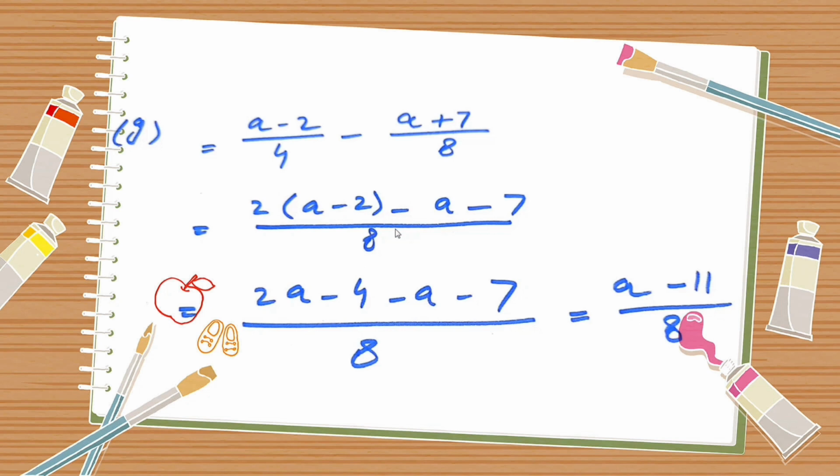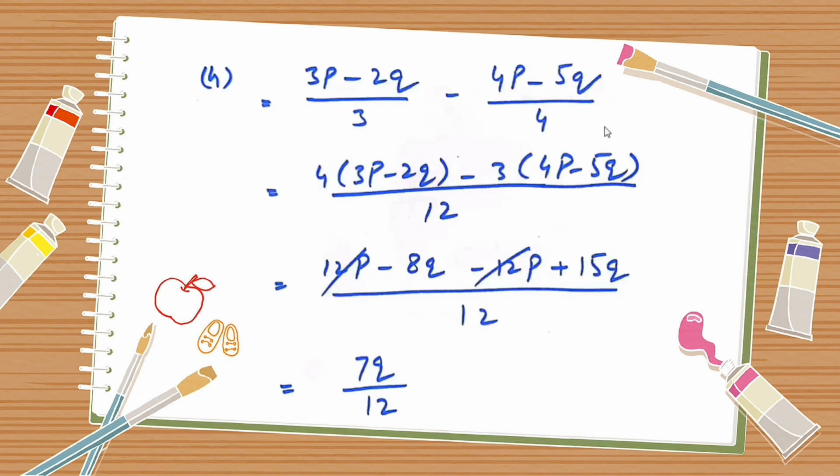So we don't have to do anything, and we will write a plus 7 over here, but this negative sign changes the sign of this a plus 7 to a minus 7. Next we have to multiply the 2 inside the numerator, like 2 is multiplied with this a, and then this 2 is multiplied with this 2 to get 4, and after simplifying them we have to add or subtract the similar type of variables. So 2a minus a, the answer is a, and then minus 4 and minus 7 is minus 11 over 8.